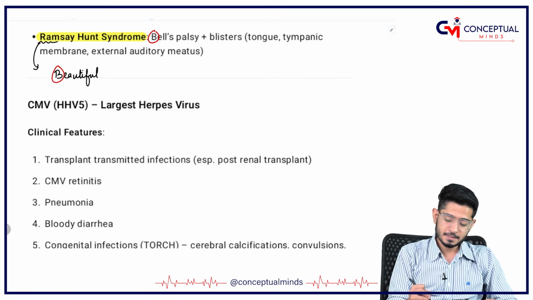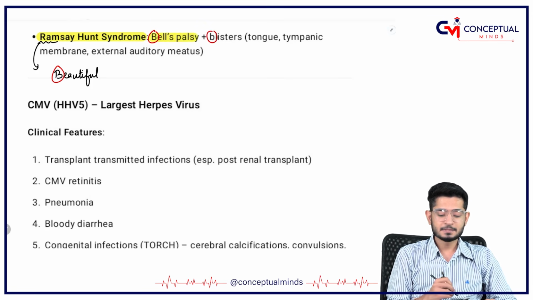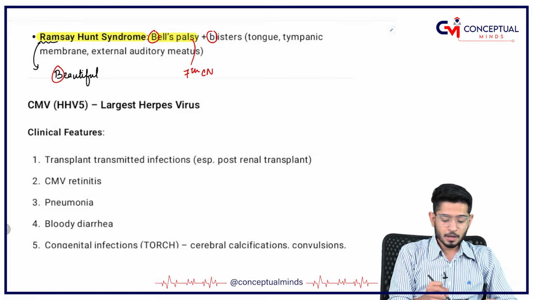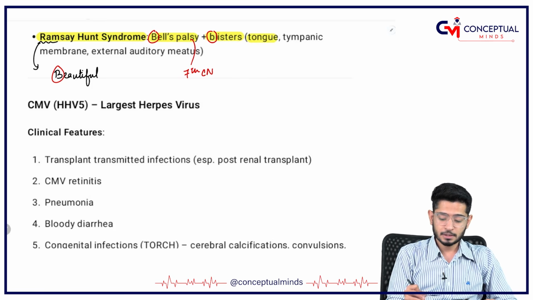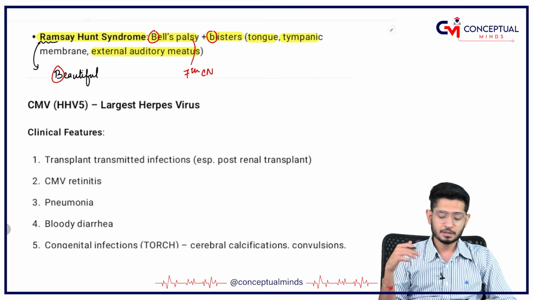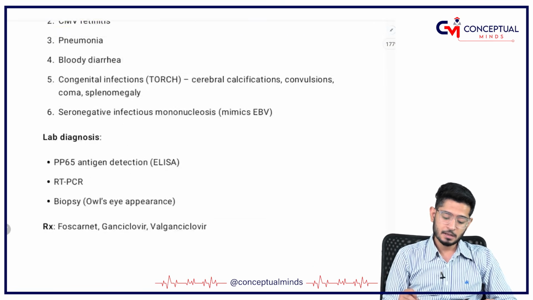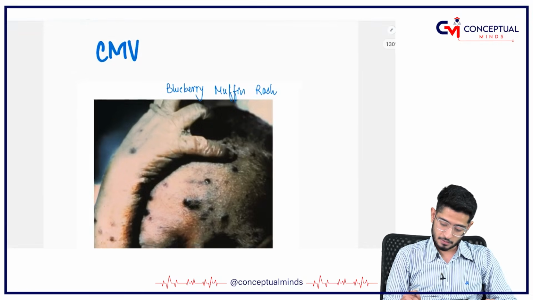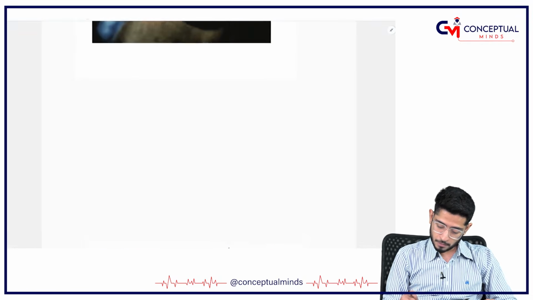B for Bell's palsy, B for blisters. So, if a person is having Bell's palsy, that is 7th cranial nerve involvement along with blisters on the tongue, tympanic membrane, external auditory canal, external auditory meatus, this is called Ramsay-Hunt syndrome. I will show you the pictures.